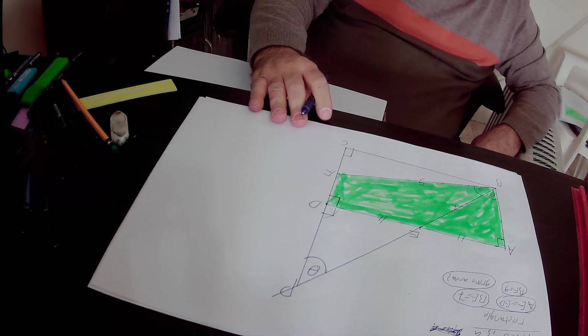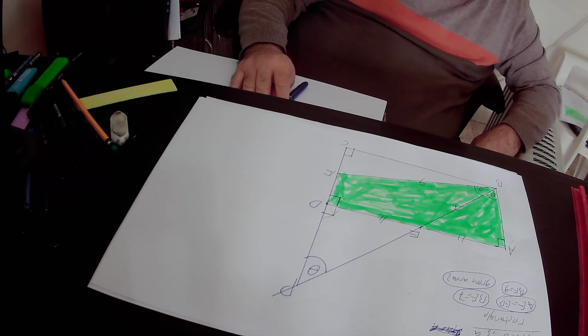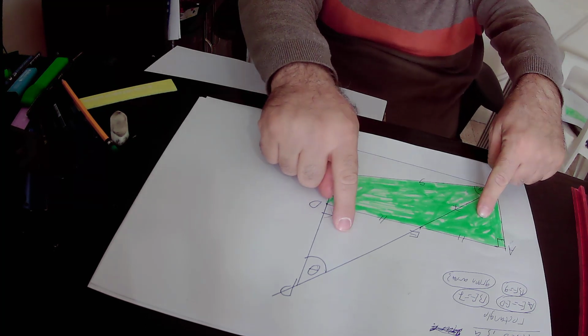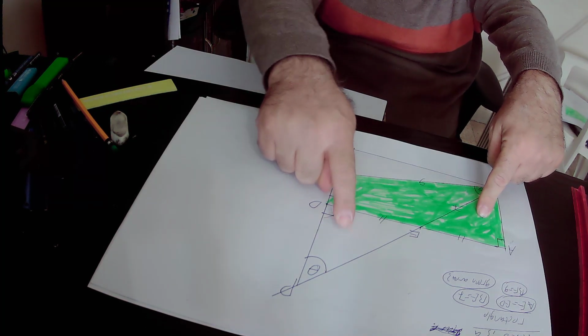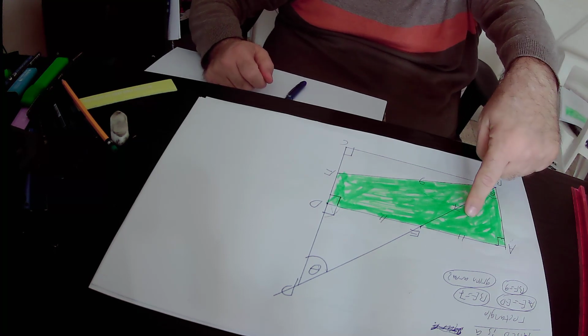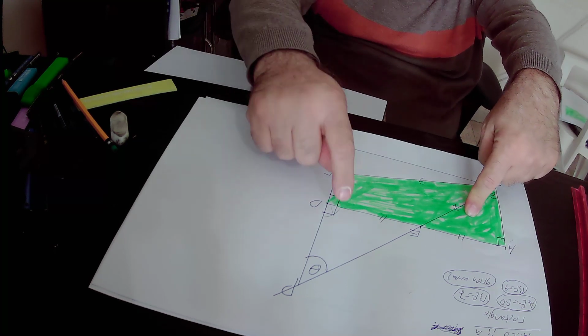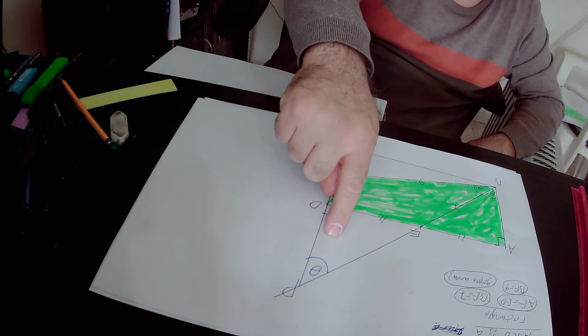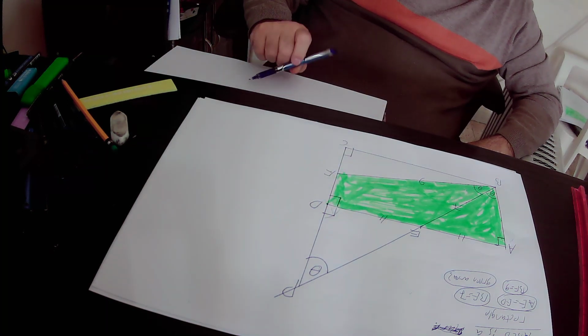On the next step, we will prove that those two triangles can go into each other. So the triangle ABE, this green right triangle, can go into triangle DPE.